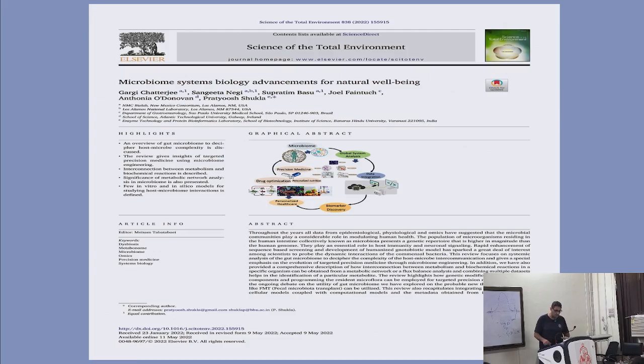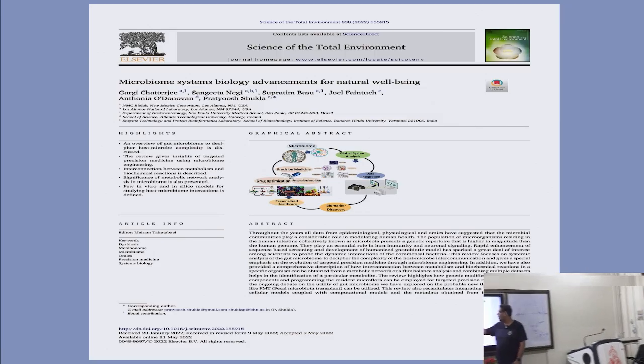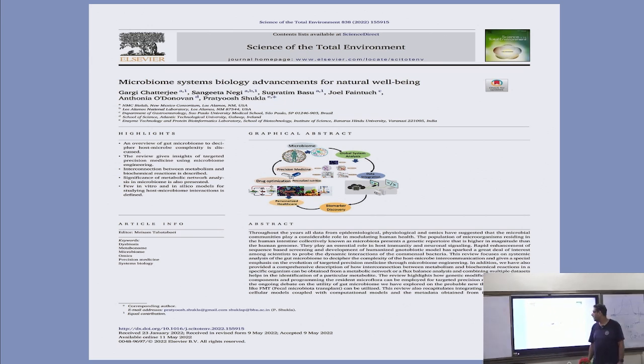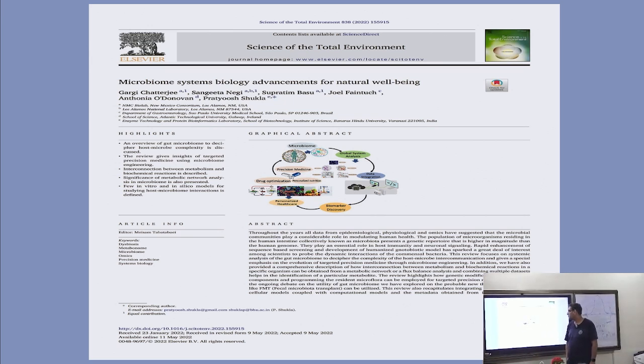And then this is a new paper, microbiome systems biology advancement for natural well-being. I told you about microbiome systems biology, microbiome engineering, and also precision medicine. All is covered in this tutorial review. You can read this, and we collaborated with two important scientists here. One is Donovan Antonia, and one was Joel Fantos.